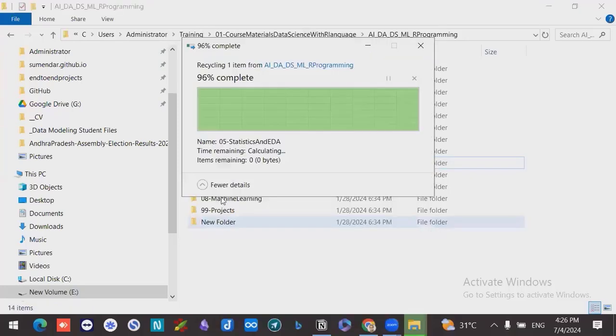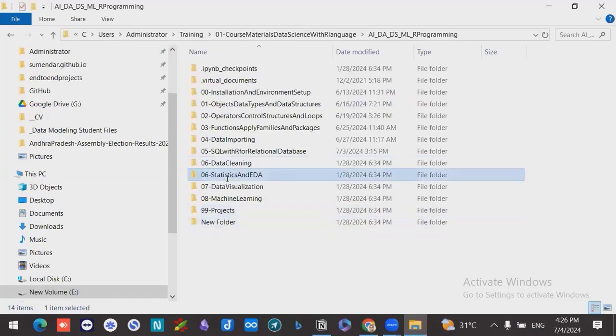Now it's deleted. Now just make this the seventh module. Just name the module, and that is the total end of the project.